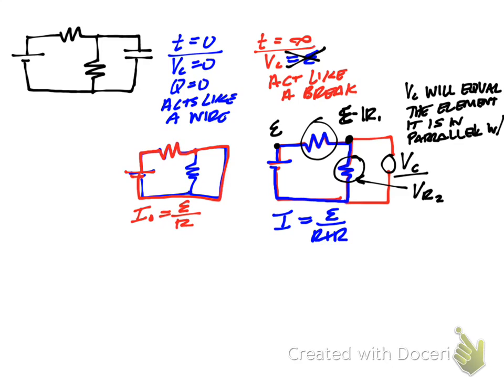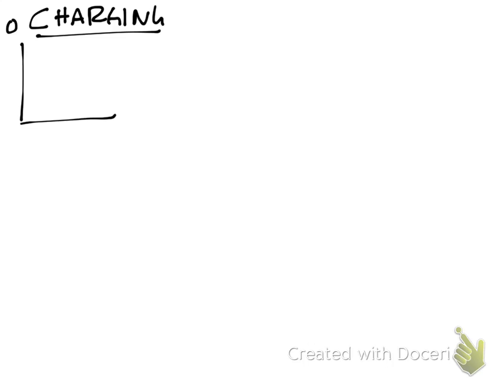Okay, one more quick thing. I know we're approaching about 45 minutes. Look at graphs. So when we're charging a capacitor, Q as a function of time is going to look like this.